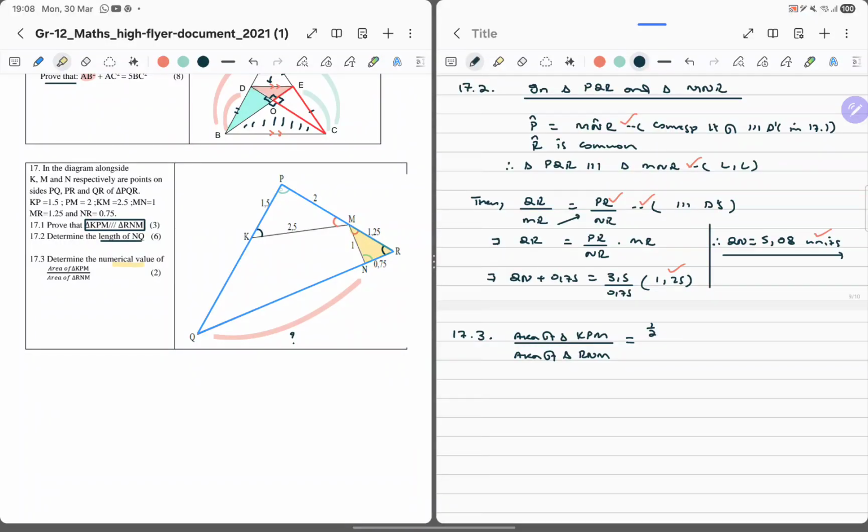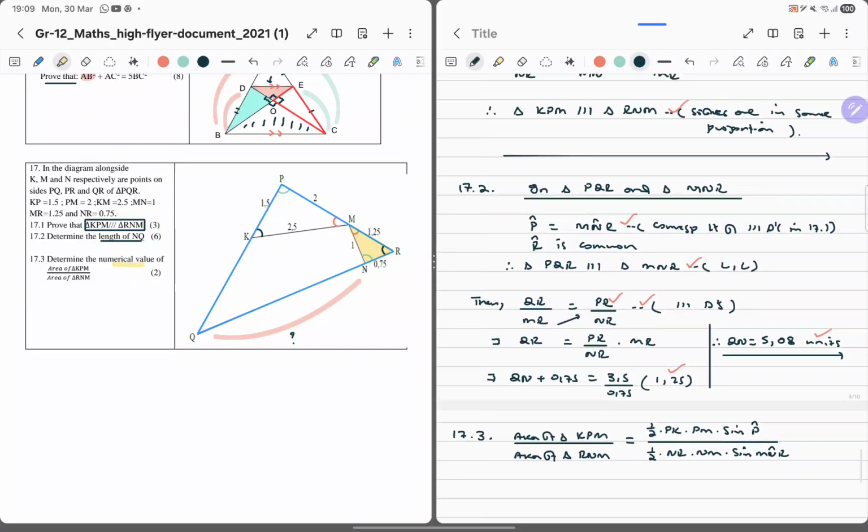So this is going to be half. KPM, I'm going to choose angle P. So it's going to be half KP or PK times PM times the sine of angle P, divided by half times the corresponding sides there. It's going to be NR times NM or MN times the sine of MNR.